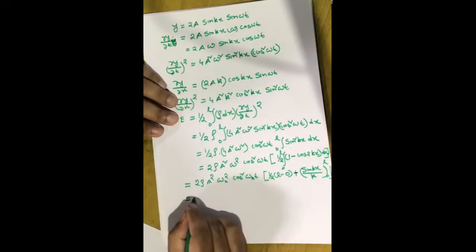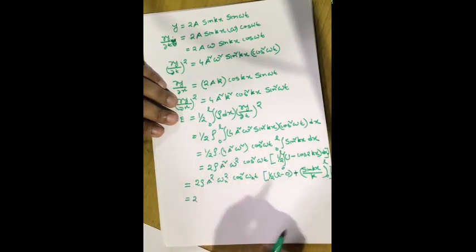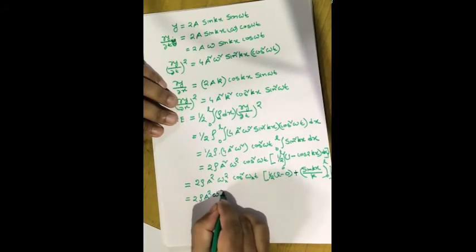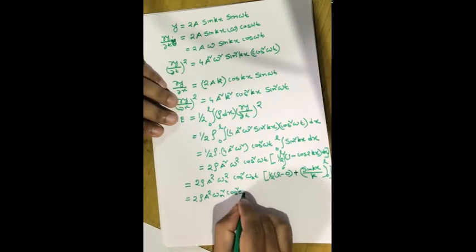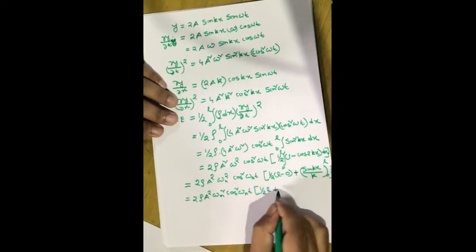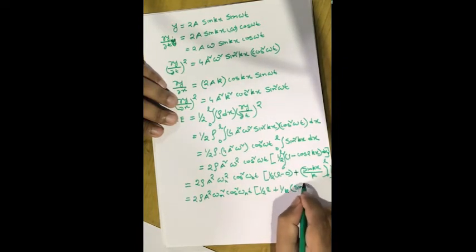So this value is basically rho a square omega n square cos square omega n t, half into L plus 1 by k sin kL, and sin kL minus sin 0 is 0, so I am basically not going to write it.